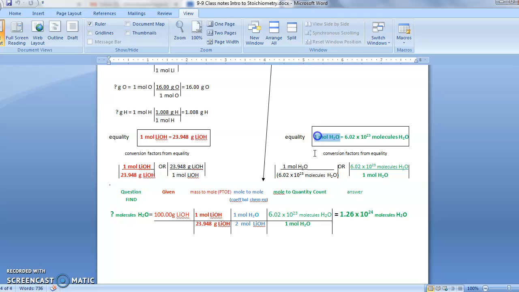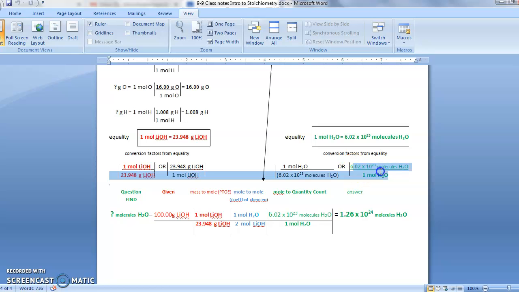I can put mole on top, quantity count on the bottom. Remember, on your calculator, it's always smart if you enter Avogadro's number to use parentheses, especially when you're dividing by it, so that you do not have an order of operations error. The other way I can express this equality is to put 6.022 times 10 to the 23rd, or round it to 6.02 times 10 to the 23rd on top, 1 mole of water on the bottom.